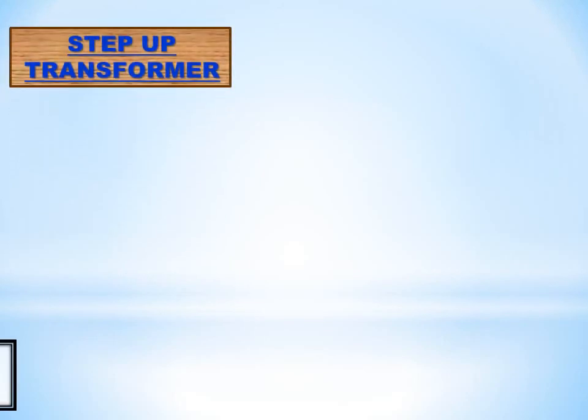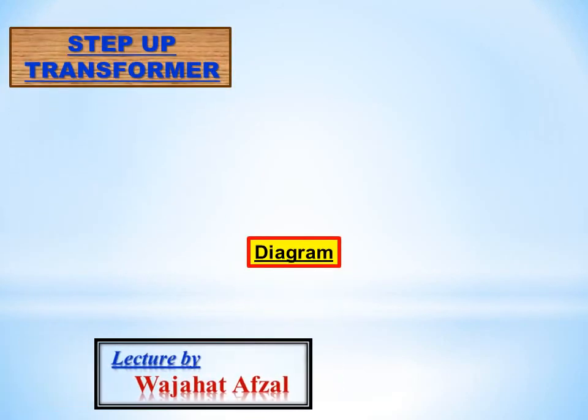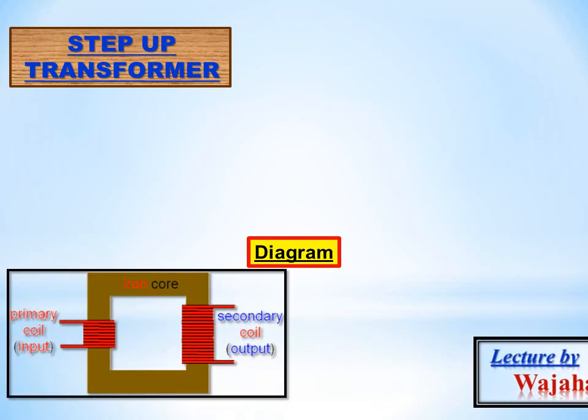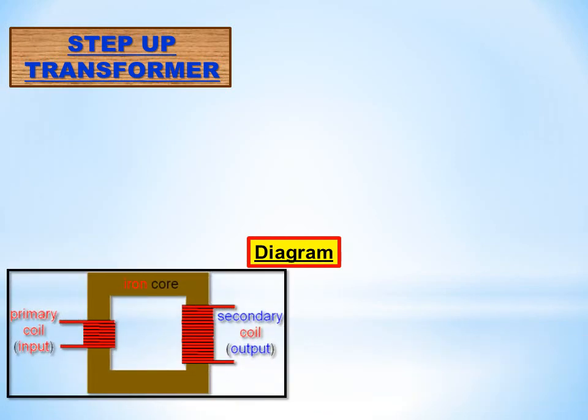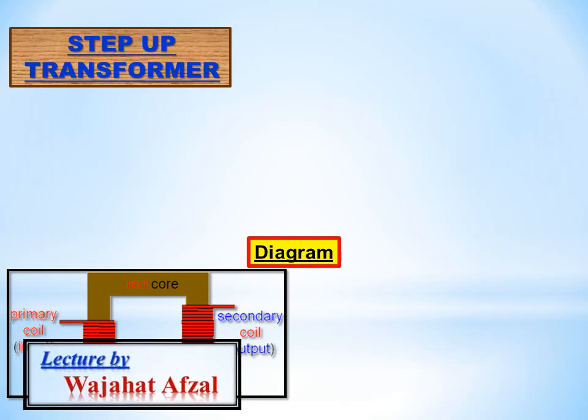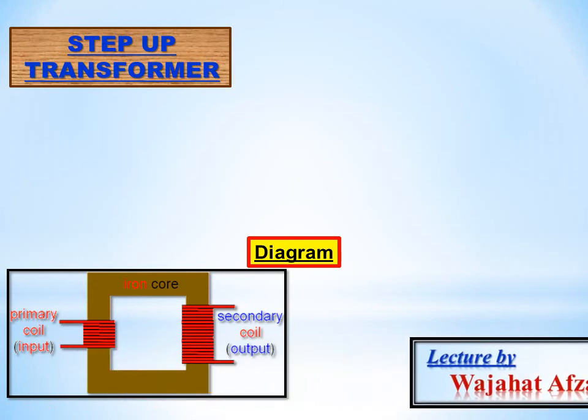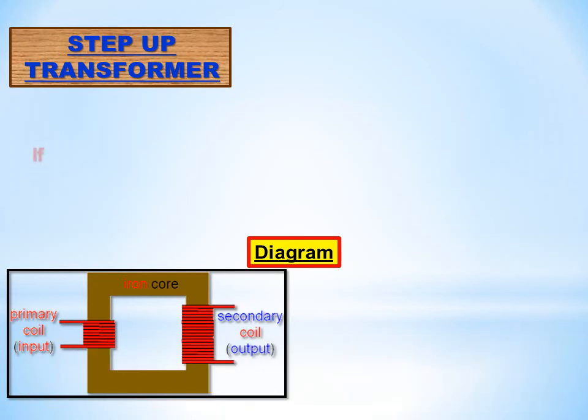So we have two types of transformer, step-up transformer. So this is the diagram of the step-up transformer, where you can see the number of turns of the secondary coil is greater as compared to the number of turns of the primary coil, then such type of transformer is called step-up transformer.